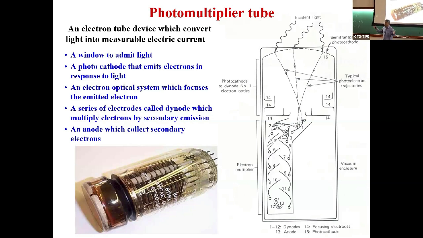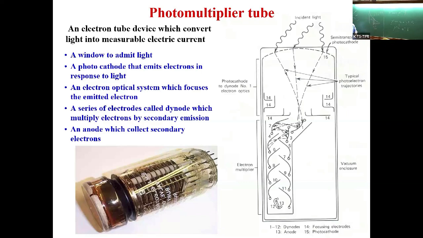But as you know, for photon interactions in any medium, when a photon passes through a distance x, the intensity goes like this: I equals I0 e to the power minus x by lambda, where lambda is the attenuation length of the photon in the medium. Assume this is my glass window and this is my photocathode window, which are different materials.